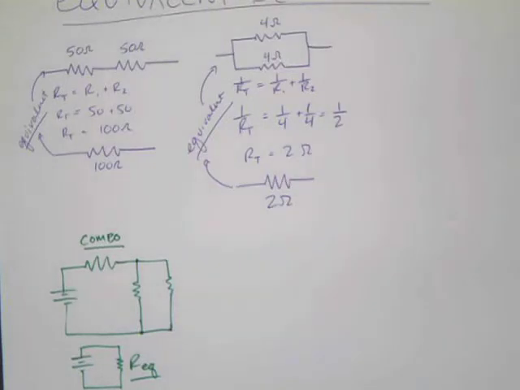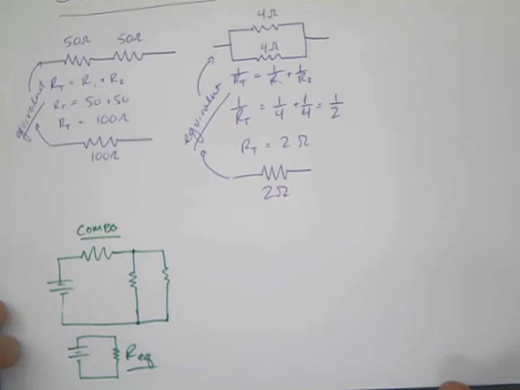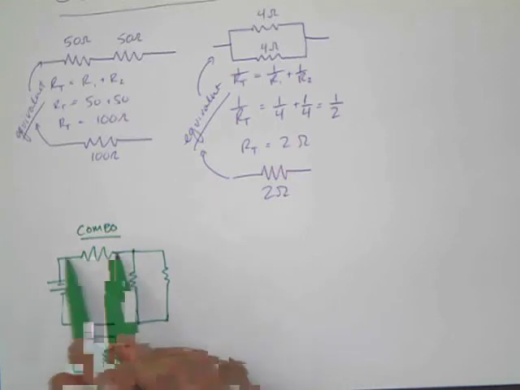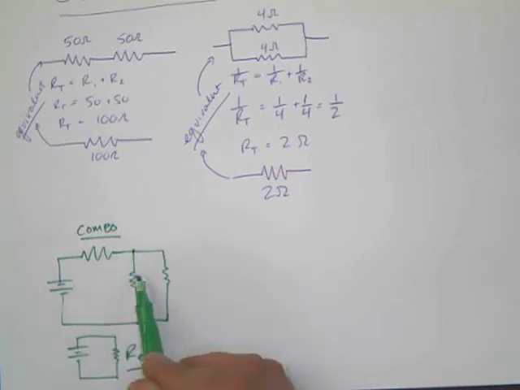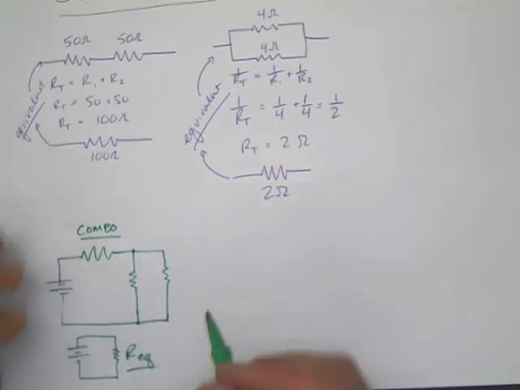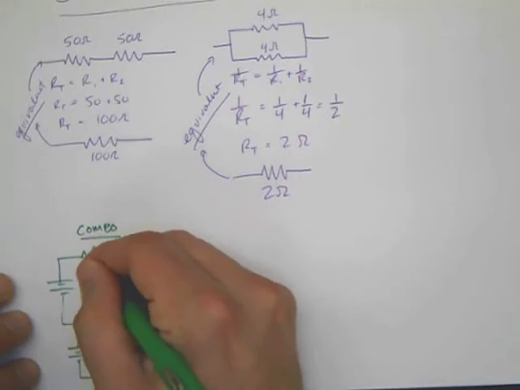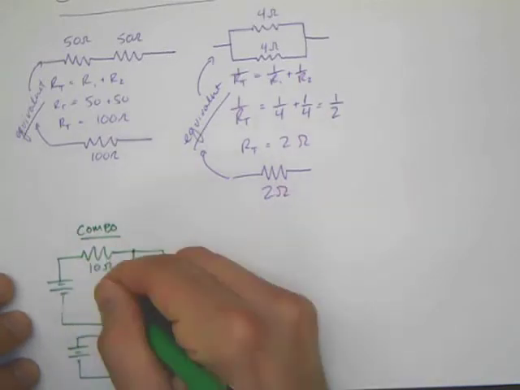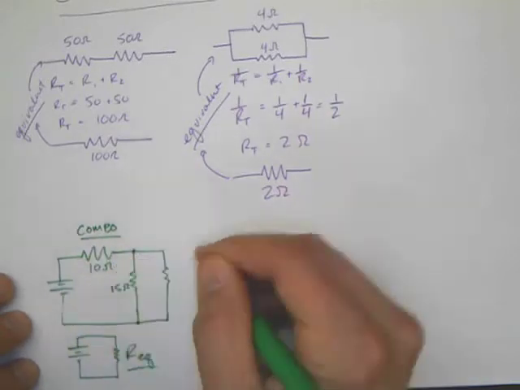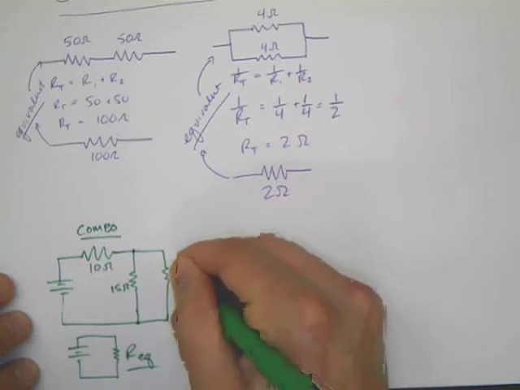All right, so let's look at how we do that. In order to set that up, we need to break this down piece by piece. So first, take a look at which components are kind of isolated together in either parallel or series against the other one. And if I look, this one is in series with both of these, but these two are isolated in parallel together. Let's give these some values. Let's say this is a 10 ohm, and this is a 15 ohm, and this is a 25 ohm.